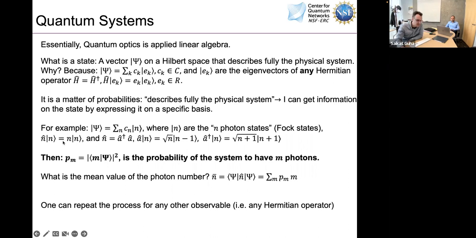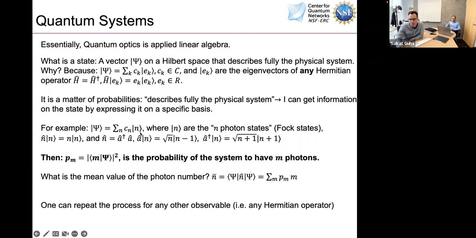For example, I have a specific Hermitian operator, which is the number operator. And I assume we all know what a quantum harmonic oscillator looks like and how to solve it. So I will use that specific number operator, which describes the quantum harmonic oscillator. I will use these eigenvectors, and I can express my state psi on that specific eigenbasis.